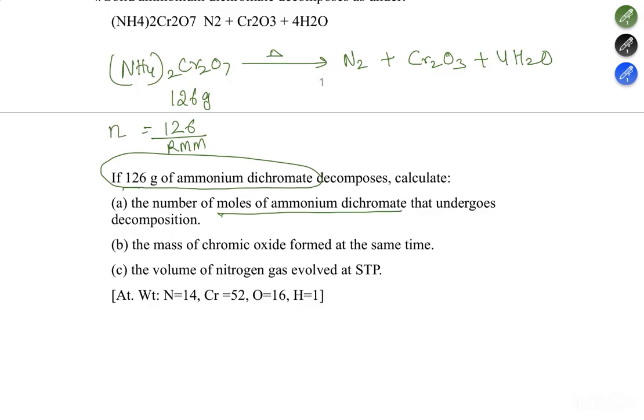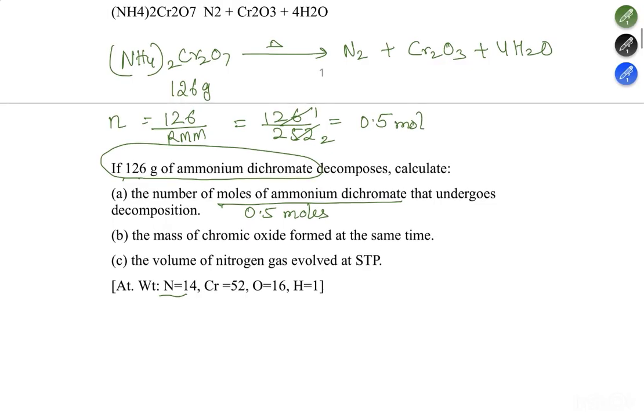When you calculate, you can do it easily as the atomic weights are given. It will come to 252 grams, and you will get 0.5 moles. So my first answer is 0.5 moles of ammonium dichromate.